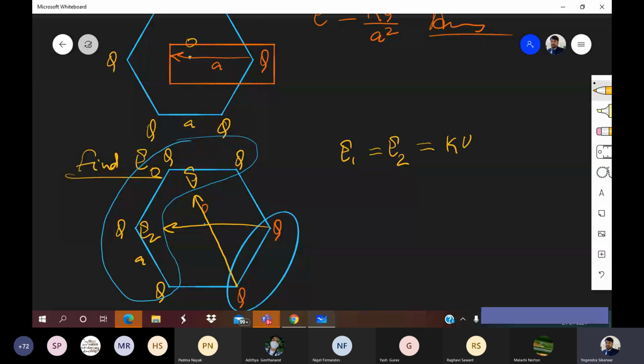and E1 is equal to E2 is equal to KQ by A square. But electric field is a vector quantity. We all know that. This angle will be 60. This angle will be 60.